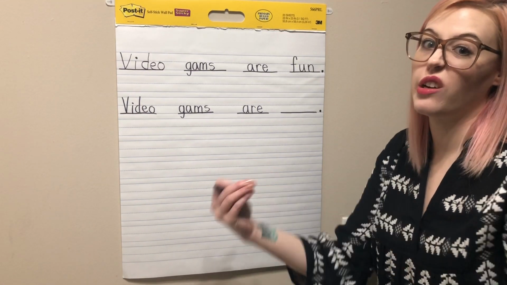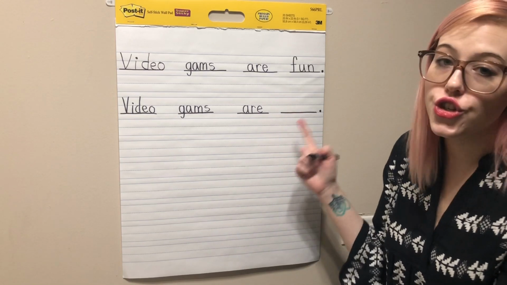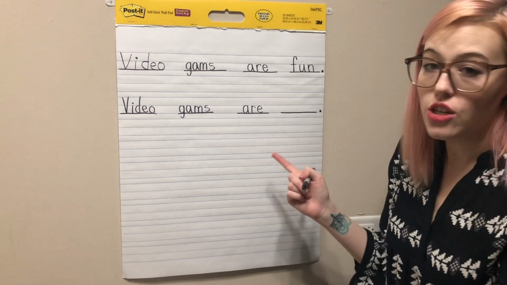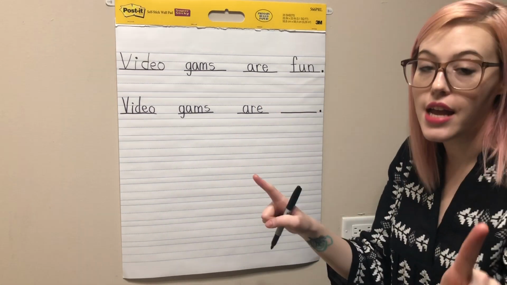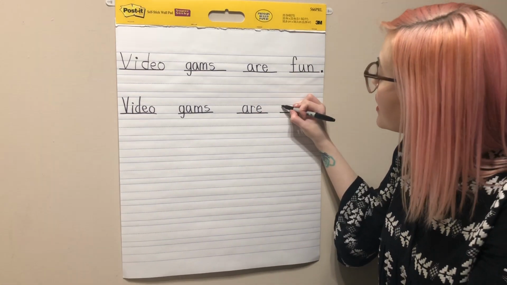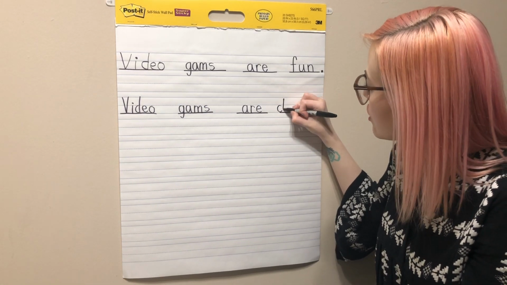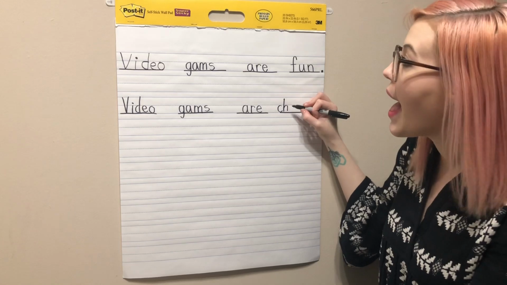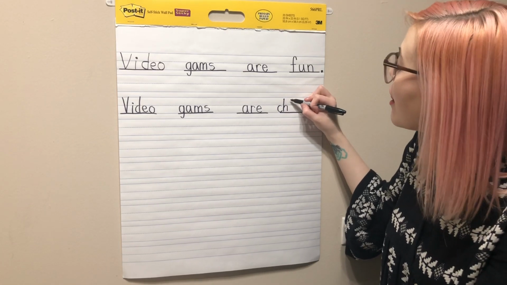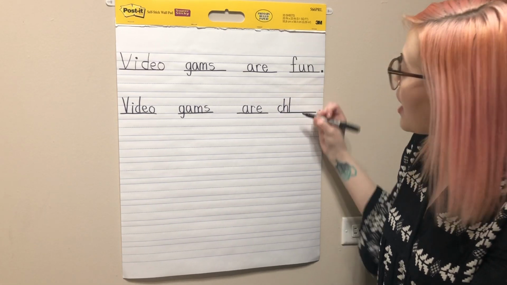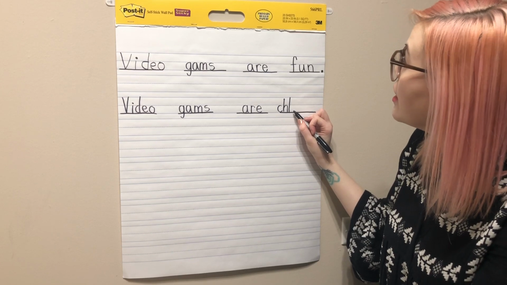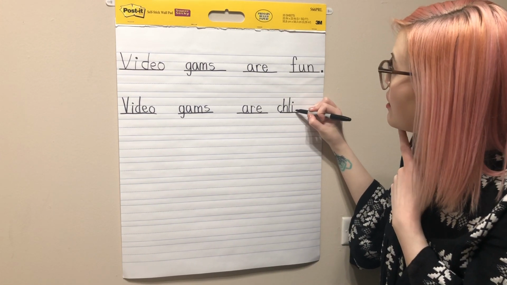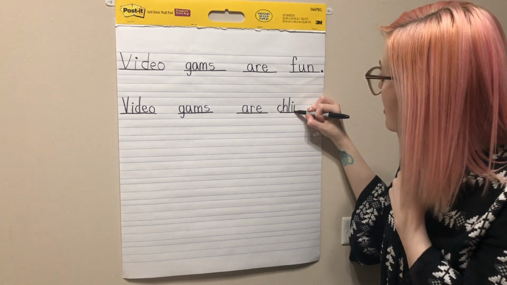So I'm going to have to stretch out that long word. Ch, ch. Now that's a special sound. That's a digraph. CH says ch. So I need to write a C and an H for that ch sound that I hear. Ch, l. L says l. Ch, l, i. I says i. Ch, l, n. N says n.